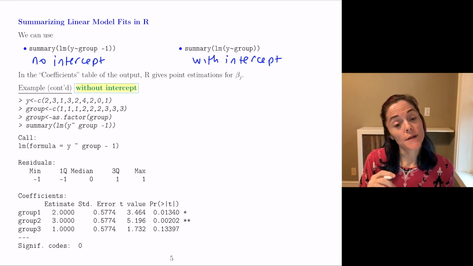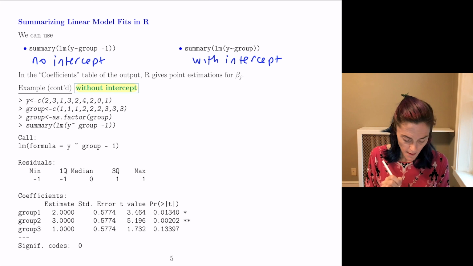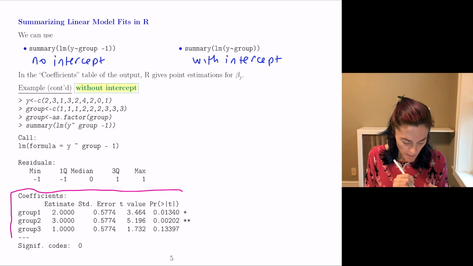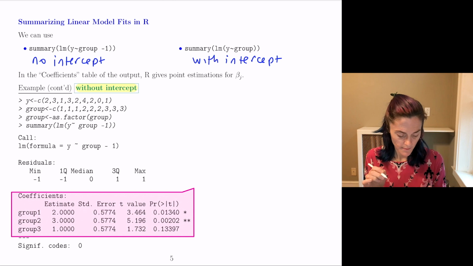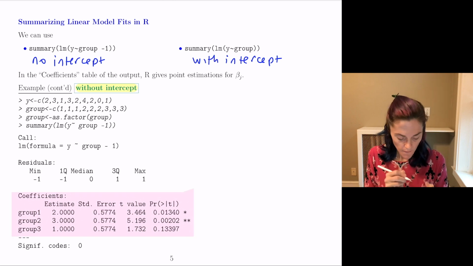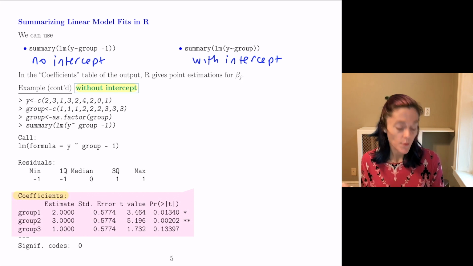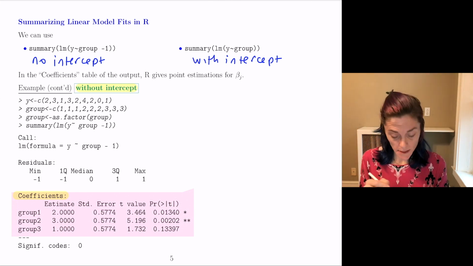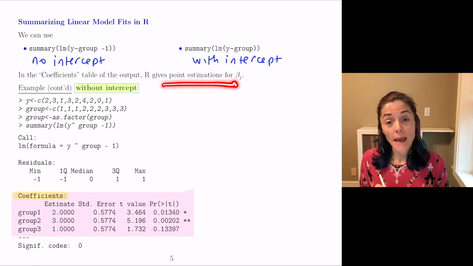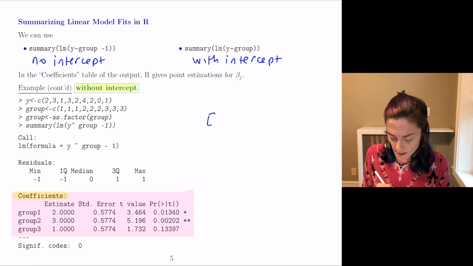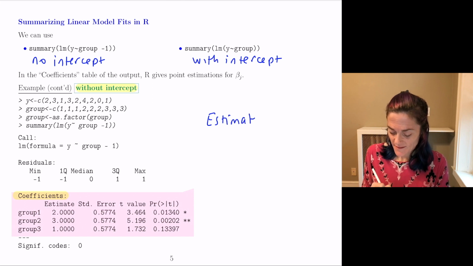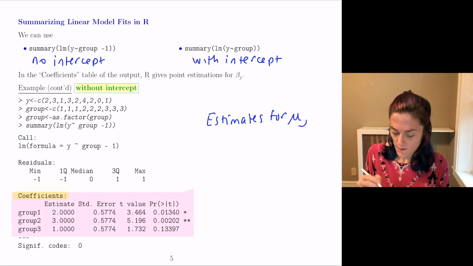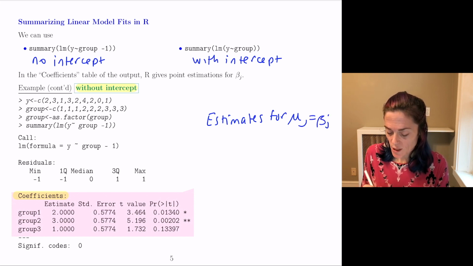There is more output to this summary than what I'm showing, but what I'm trying to focus on is right here. This coefficients table is what I would like to mention. In this table, without the intercept, these point estimates for the beta j's are estimates for mu sub j, which is the beta sub j.